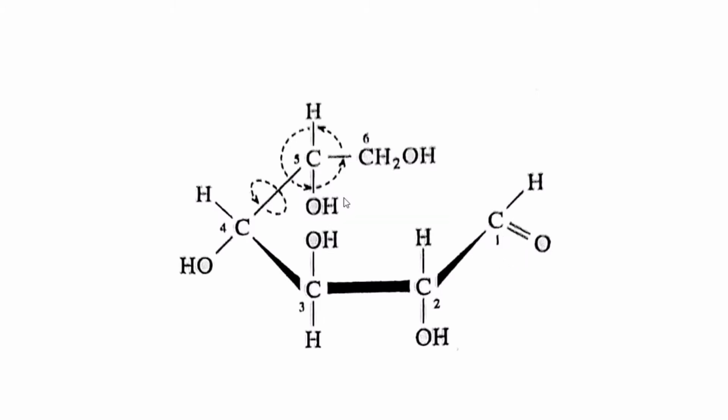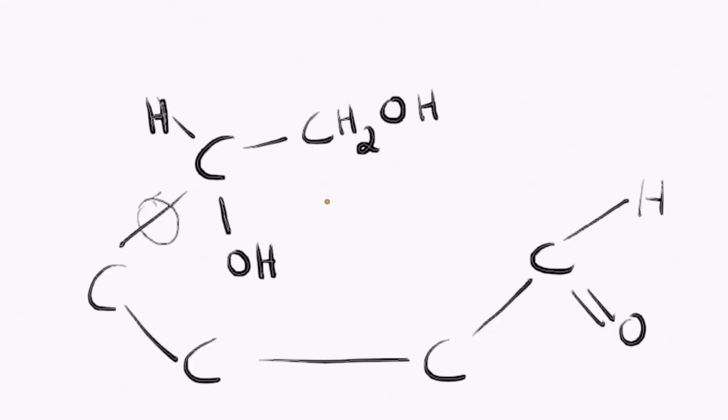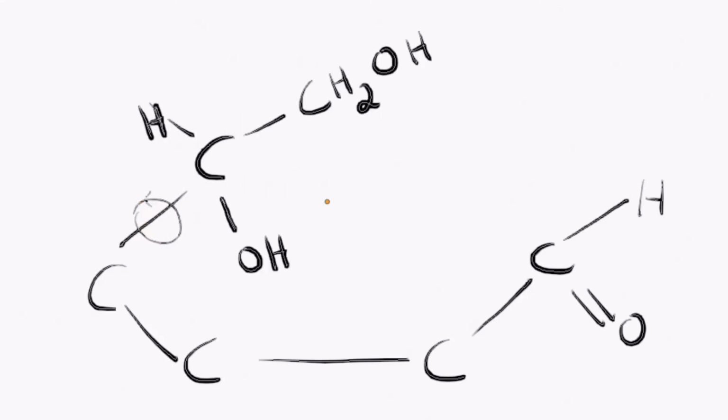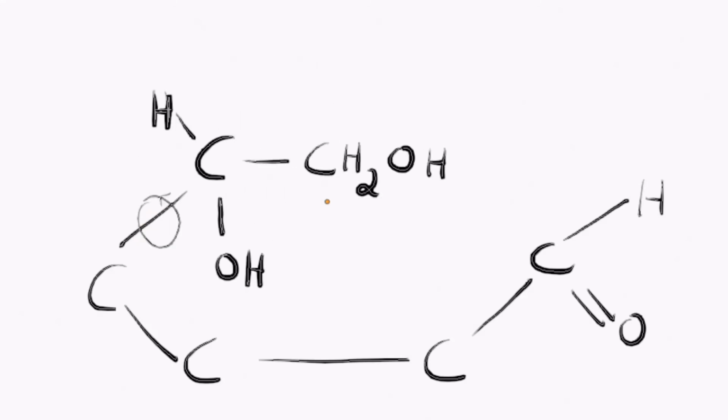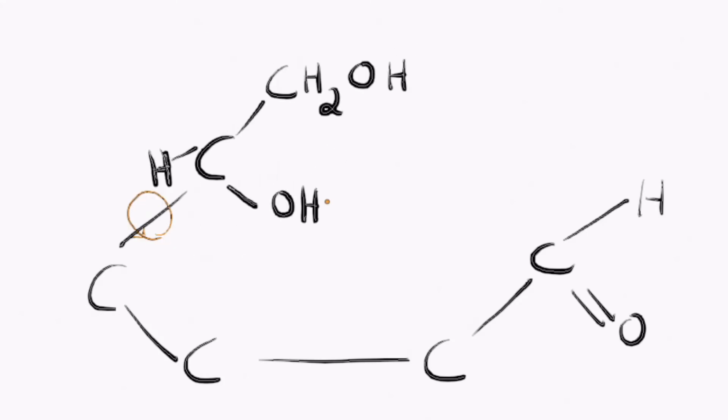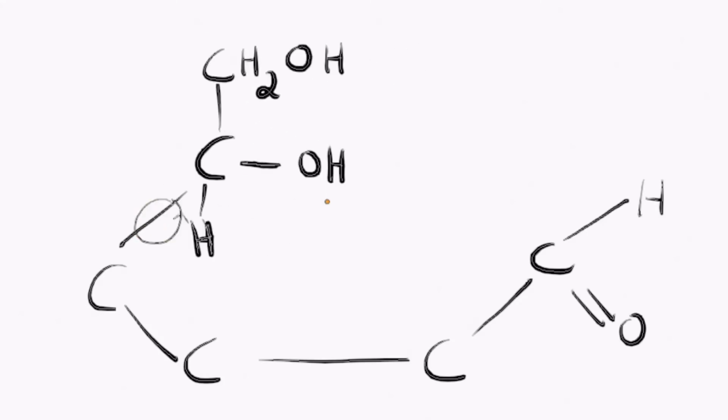If you can visualize this rotation here, or rather I'll just show you this using a very simple animation. So this rotation of the bond between carbon number 4 and carbon number 5 will bring the hydroxyl group of carbon number 5 closer to the aldehyde group of carbon number 1.